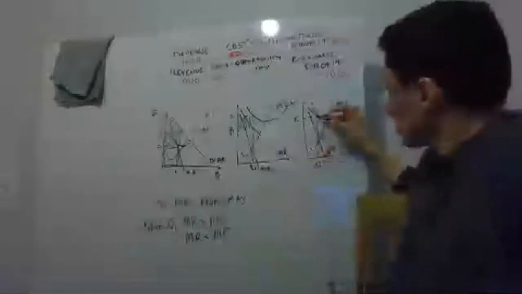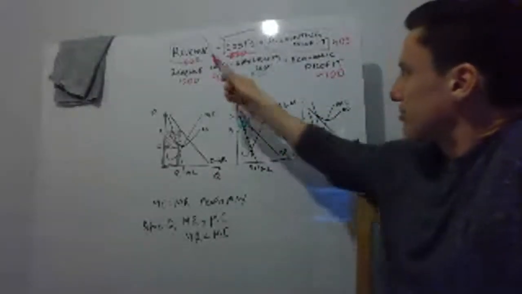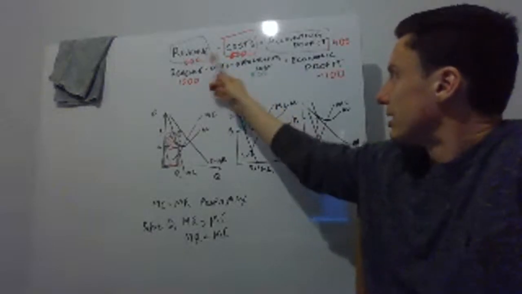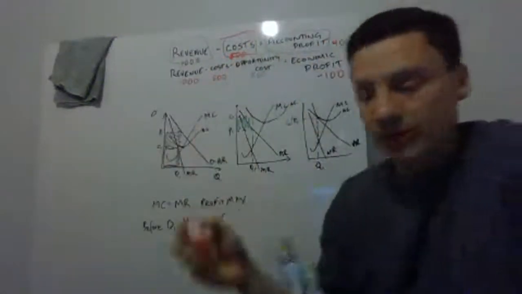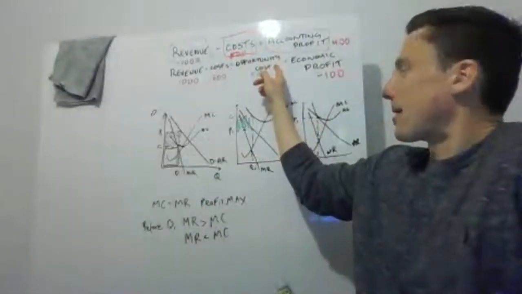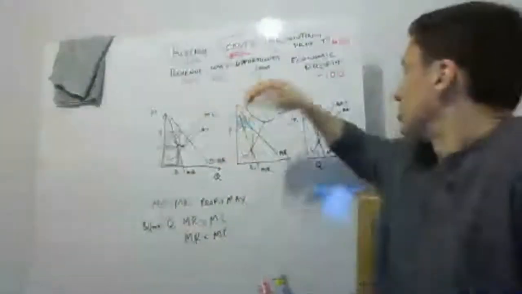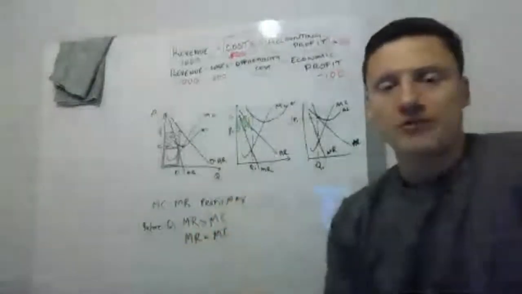But what you notice is that when I draw up from Q1 to AC, it's the same as P1. So actually my total revenue equals my total costs and my profit equals 0. Again, just to clarify, apparently the opportunity cost is already baked into these diagrams. So it's economic profit of 0, normal profit, okay?